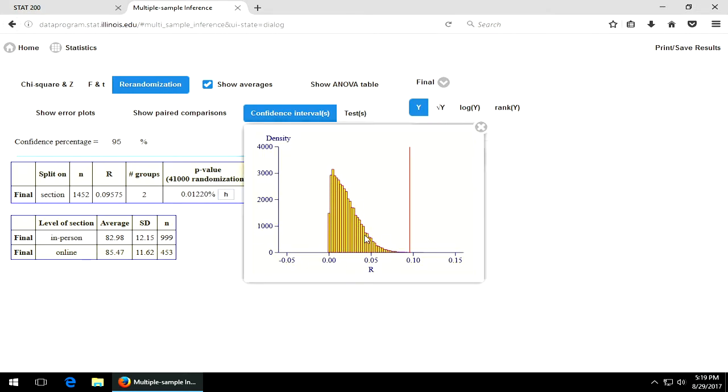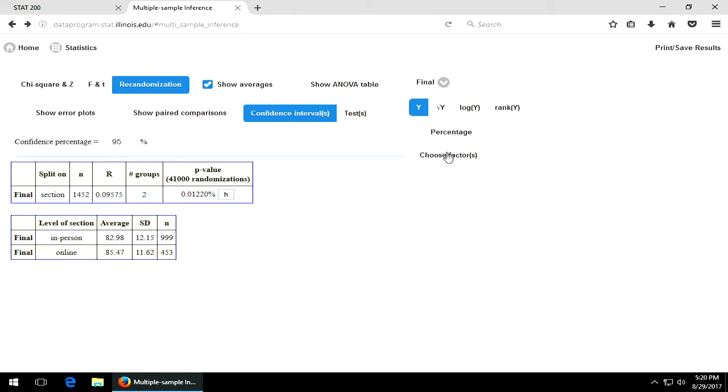It's a smooth curve, and the likelihood that we'd see a difference this large between the two sections in final exam scores as the one in our sample is very small. It's only 0.0122. So we could look at other statistics here too, but that's the idea of what a p-value is.